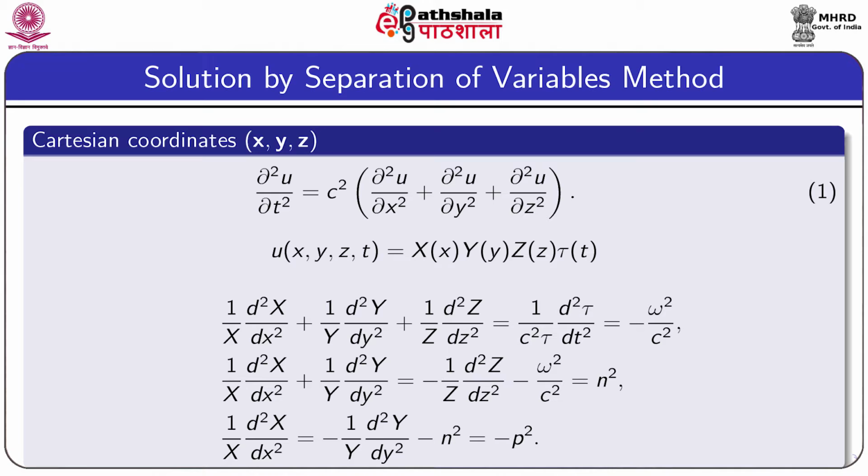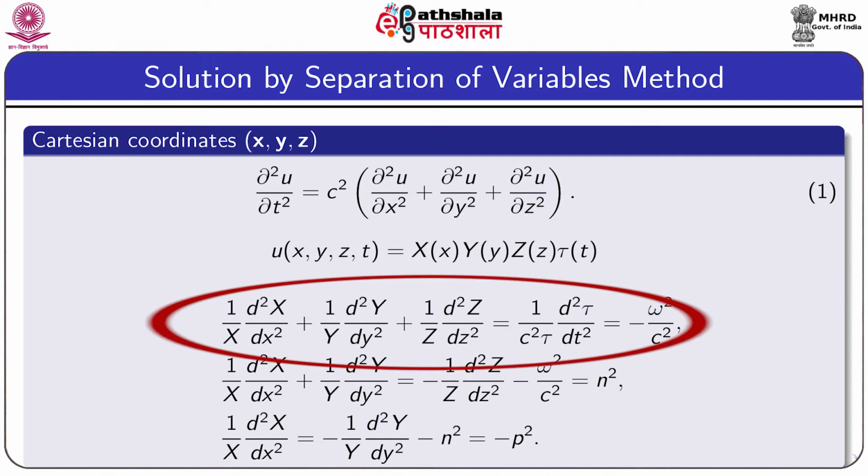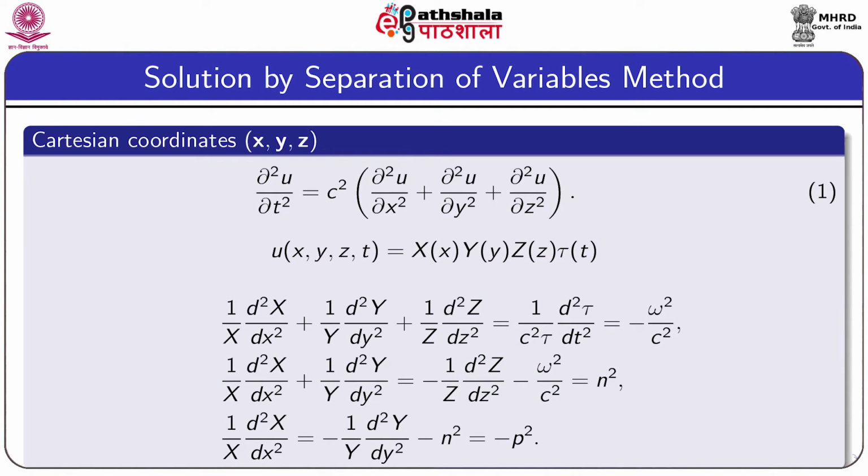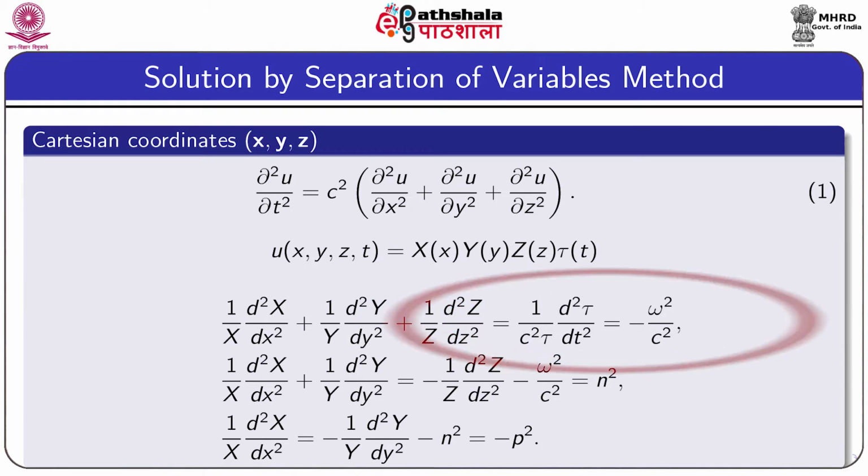Now substituting this solution into equation 1, we get an equation written here: 1 by X d2X dx square plus 1 by Y d2Y dy square plus 1 by Z d2Z dz square equals 1 by c square tau d2 tau dt square.